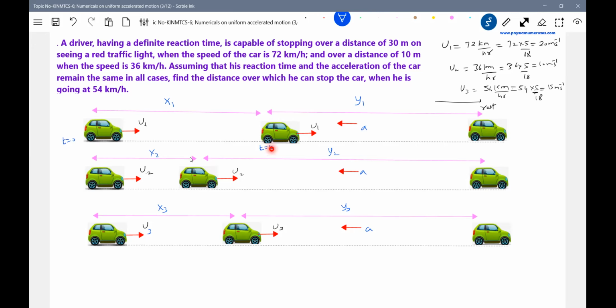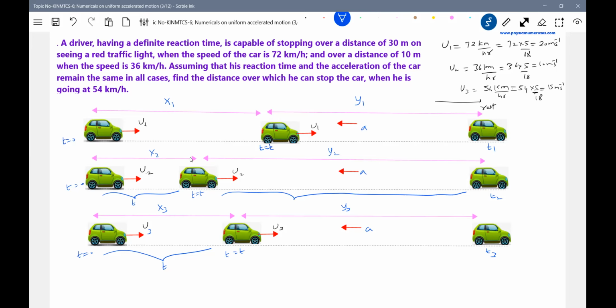This reaction time, let me call it T. Then this will be T1, T2, T3. Let the reaction time be T, and the retardation times be T1, T2, T3.